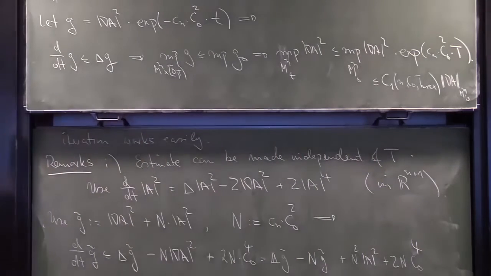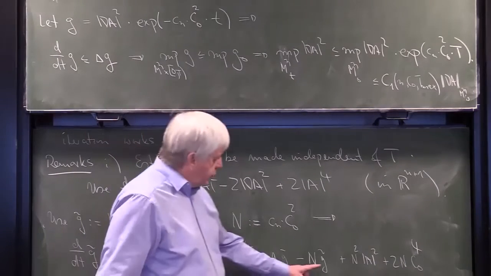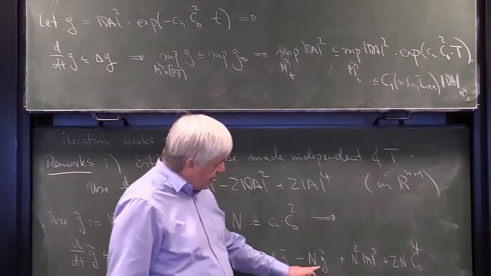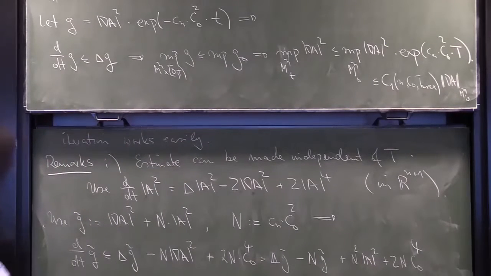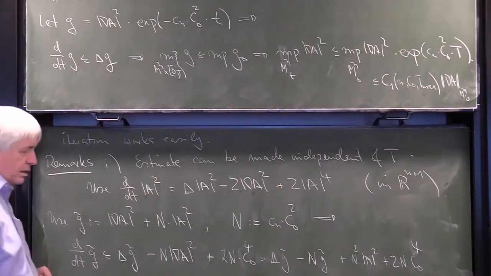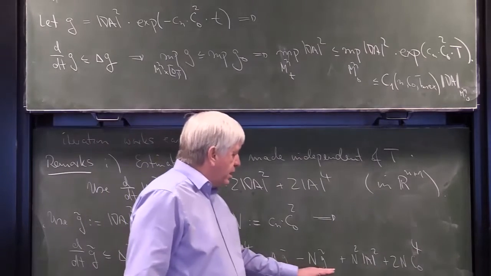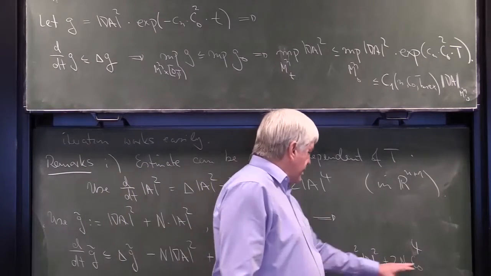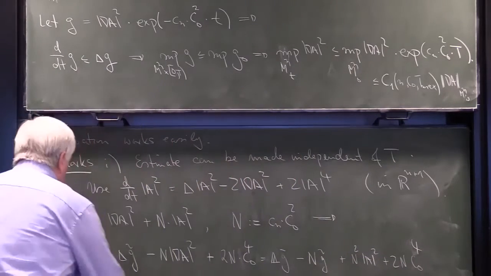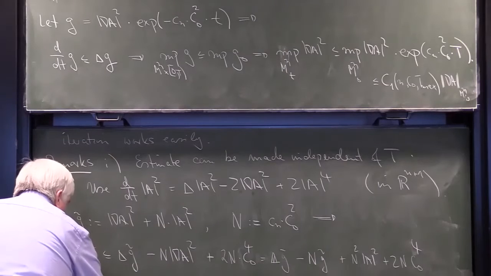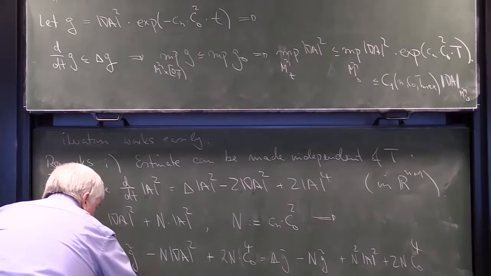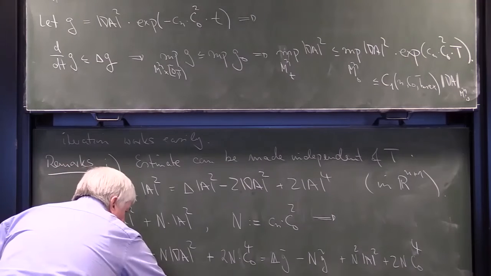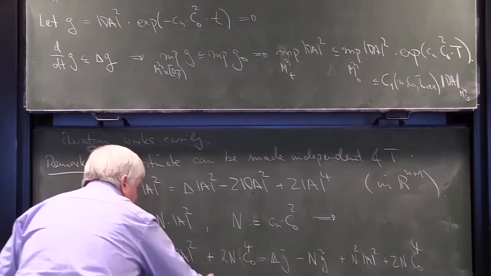But this tells you that G tilde, by the maximum principle again, cannot get a new maximum which is larger than this number divided by n.